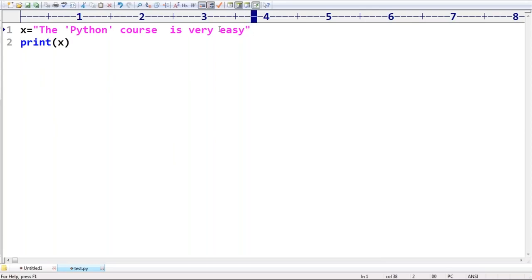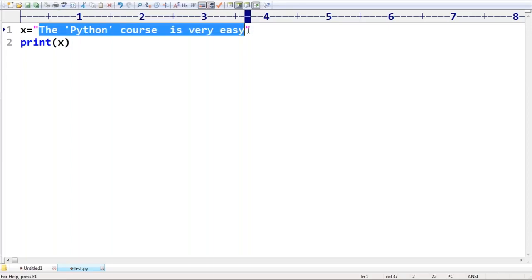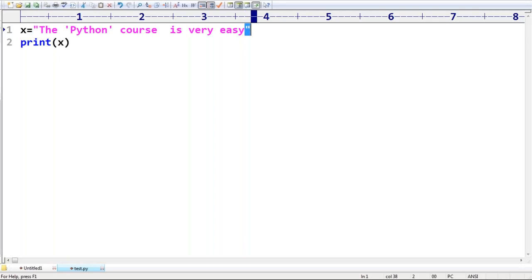Can you please observe? Are you people following? Are you able to understand? In my string literal, if you want to use single quote symbols, you can enclose within double quotes, no problem at all.